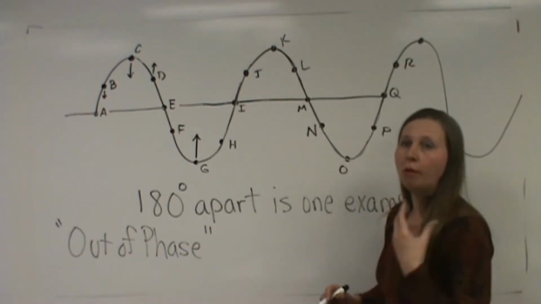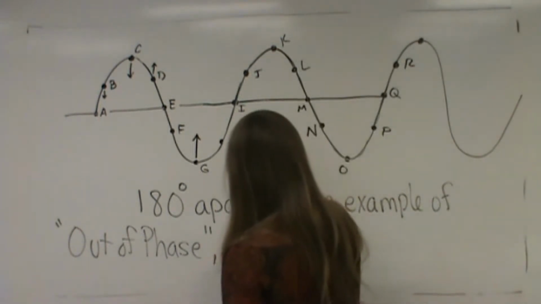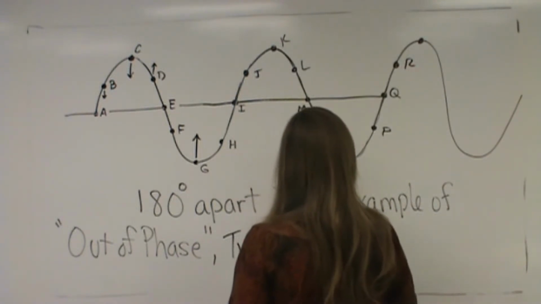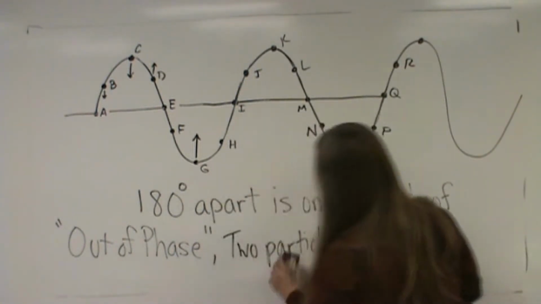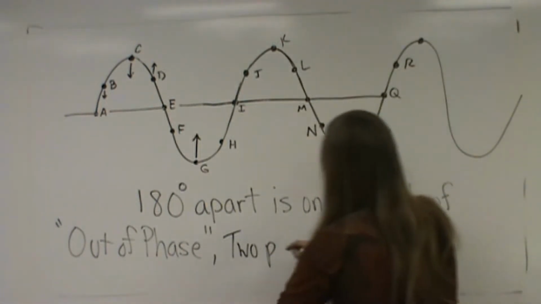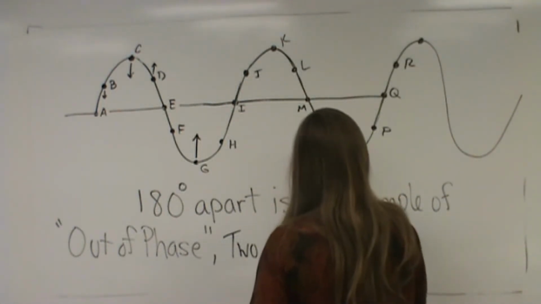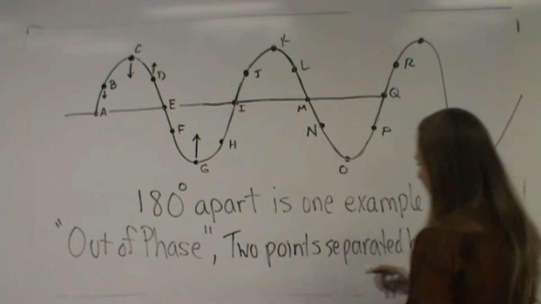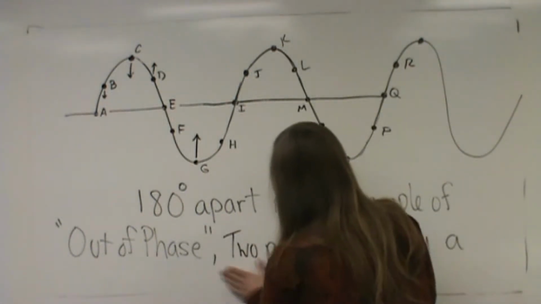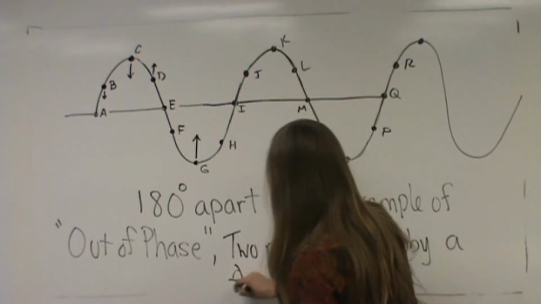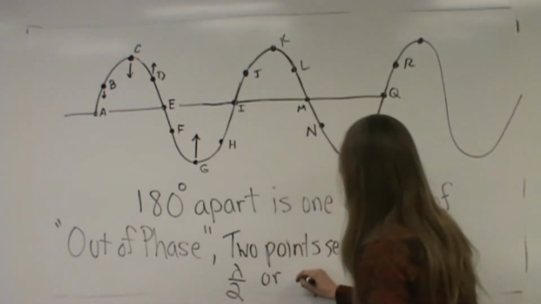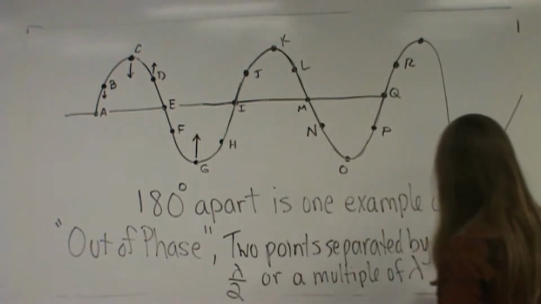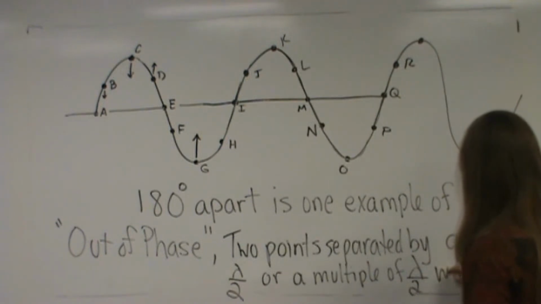By a half wavelength or a multiple of a half wavelength. So 2 points separated by a half wavelength, by wavelength over 2, or a multiple of a half wavelength.